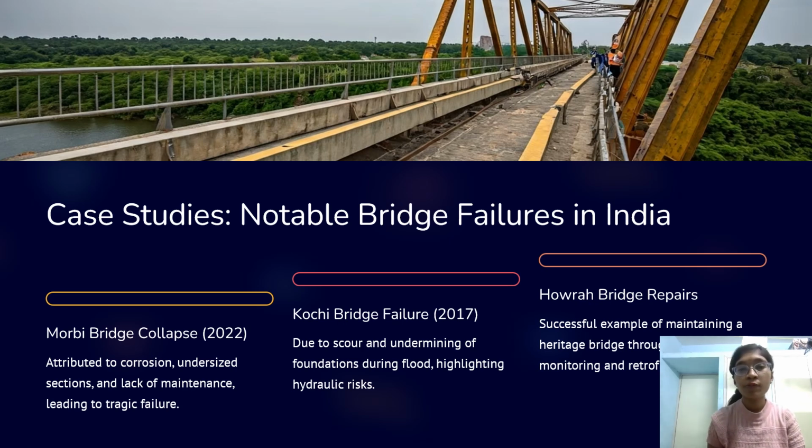And third, Howrah Bridge repairs: a successful example of maintaining a heritage bridge through monitoring and retrofitting. The Howrah Bridge is the best example of successful maintenance of a bridge.